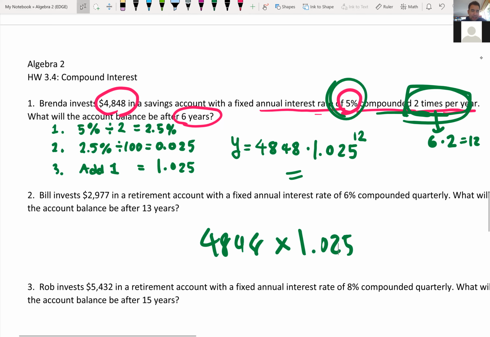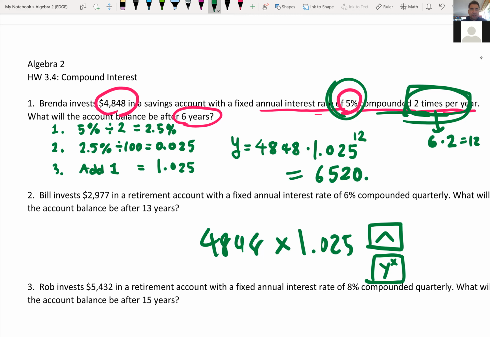Exponent is either this button, or maybe some of your calculators may have a y to the x. Those are all exponent buttons. Then 12. So you're going to get 6,520. Did you get that?